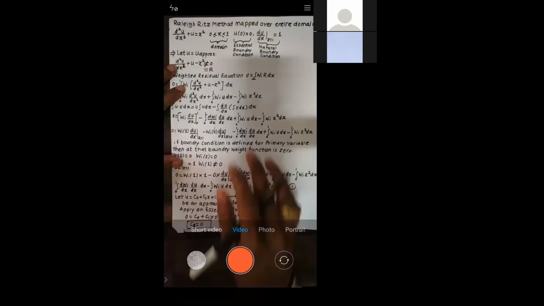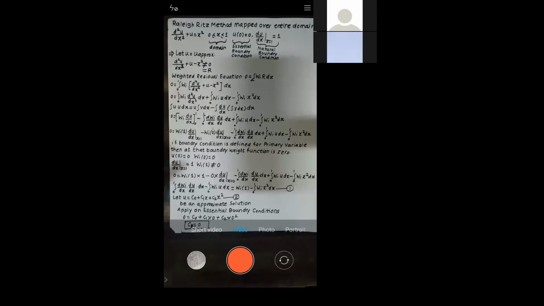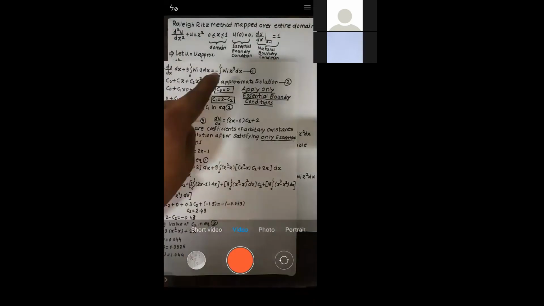I already told you in the last numerical also, both the boundary conditions were luckily essential. Still I have written apply only essential. Now if you see this problem, there are two boundary conditions. One is essential and the second is natural. So you need to apply only the essential boundary condition. Right? Okay. So let's start this one.